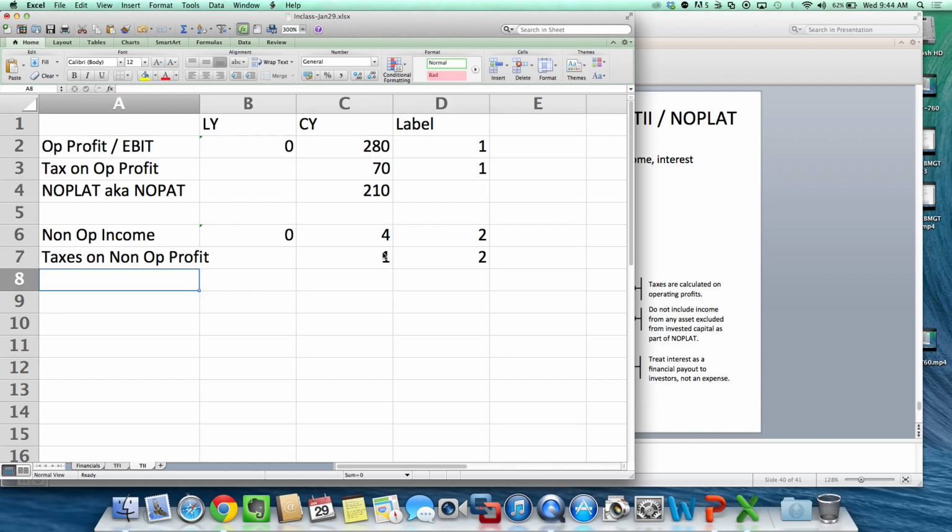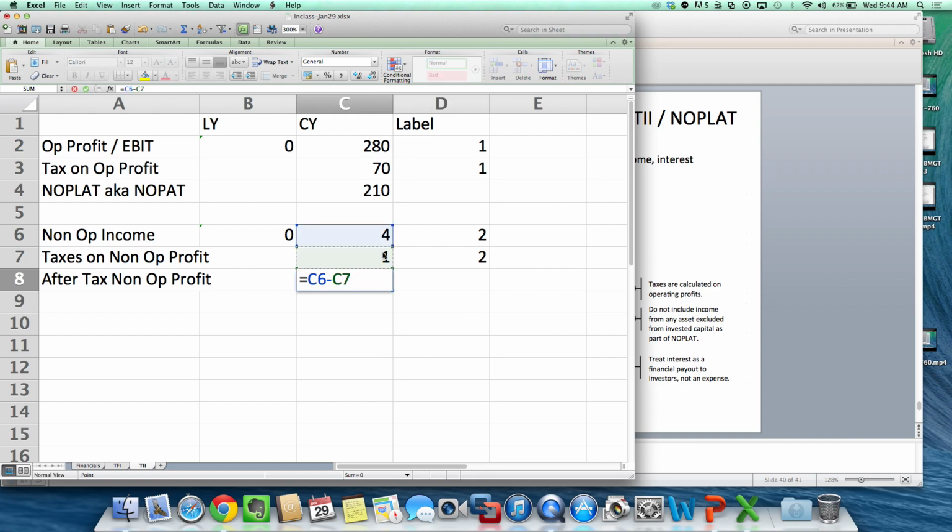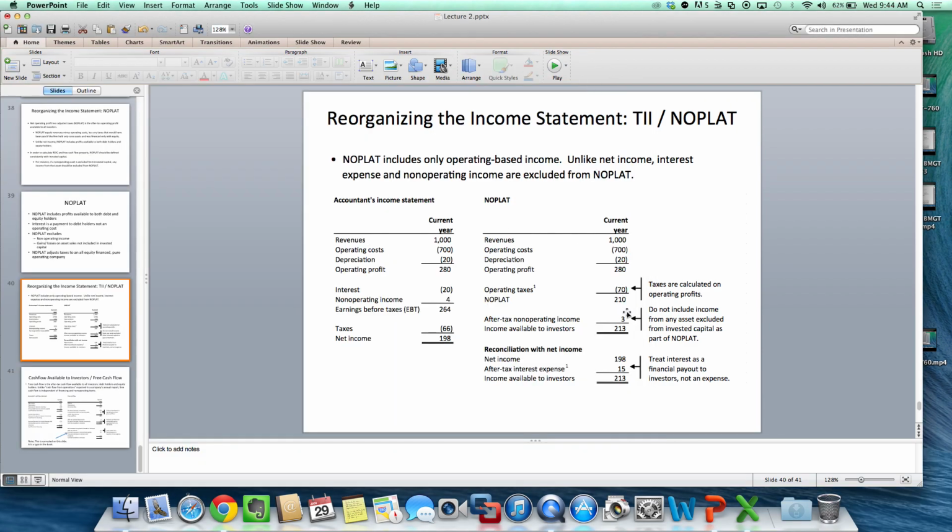So my after-tax non-operating profit is $3 million. That's the number right here, because they netted it out. Because they knew that you were going to pay $1 million in taxes.